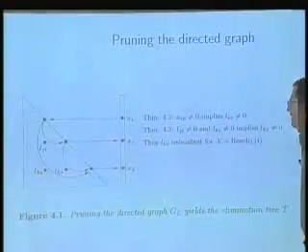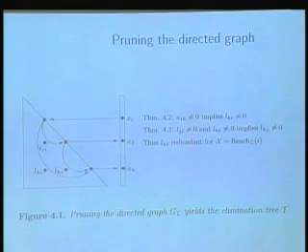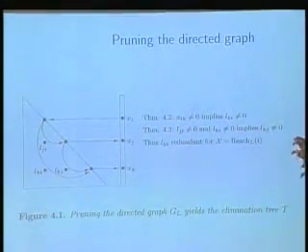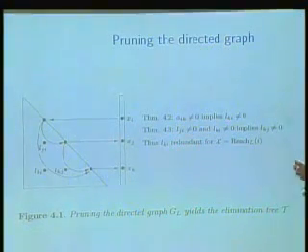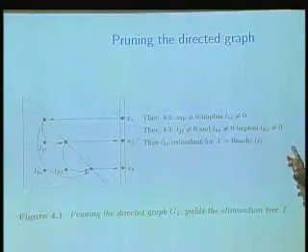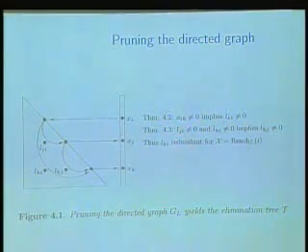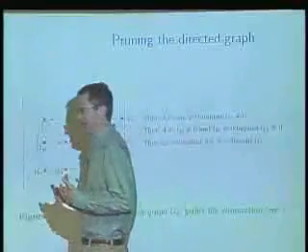The idea that we can take this graph of the lower triangular matrix L, and remember the whole goal here is we're trying to do these sparse triangular solves, right? And we'd like to find the non-zero pattern of that triangular solve efficiently.